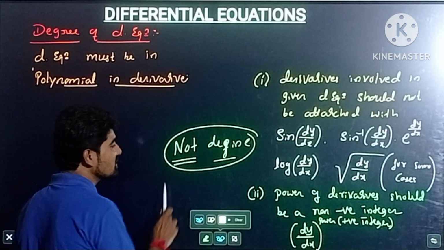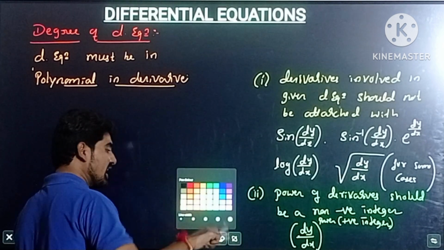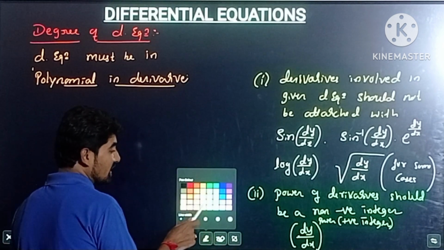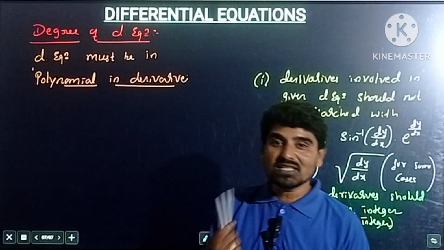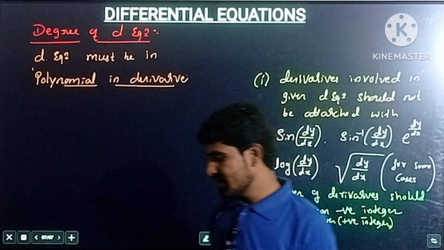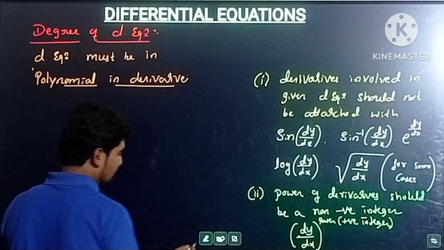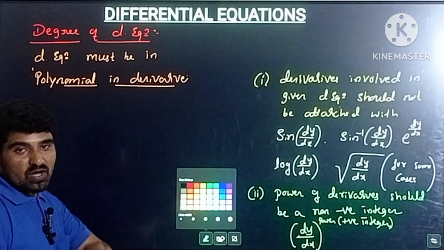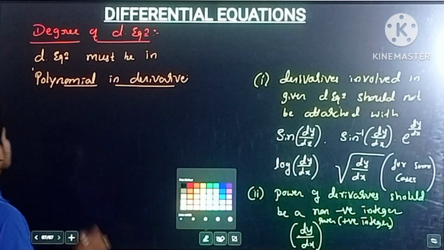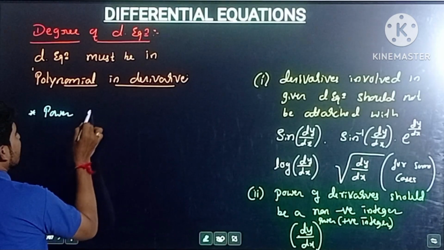Those differential equations which are not polynomial in derivative. Now again one question arises here: if the differential equation is a polynomial in derivative, then what is its degree? The degree of the differential equation which is a polynomial in derivative is the power of the highest order derivative.